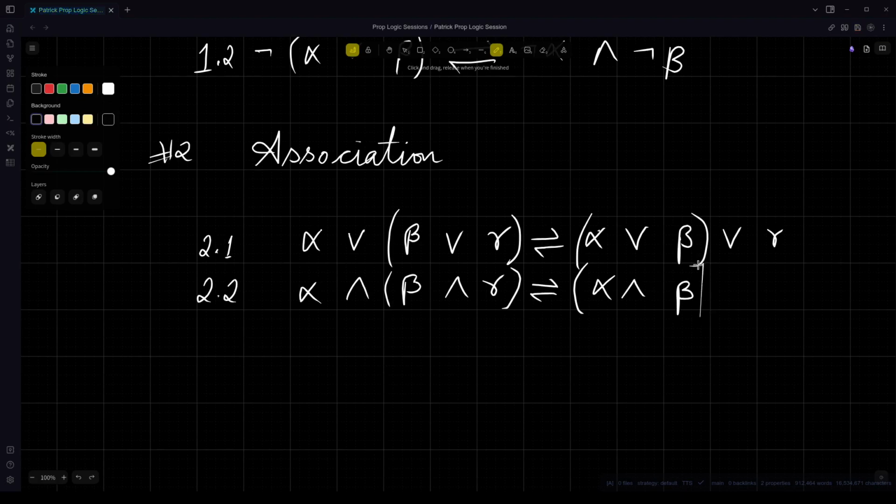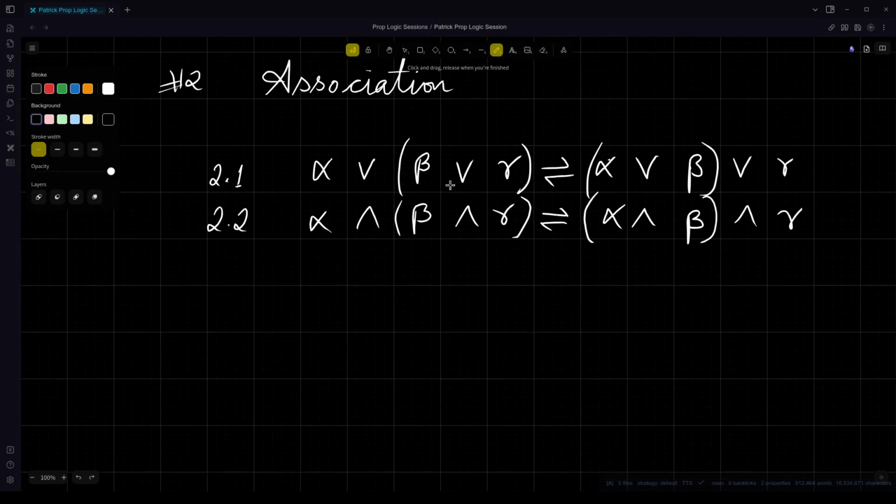Again, you can just draw a truth table and prove this and all of that. Actually, we'll do that later, because three variables is a big table. But is there anything that you find unintuitive here? Because this is straightforward stuff.